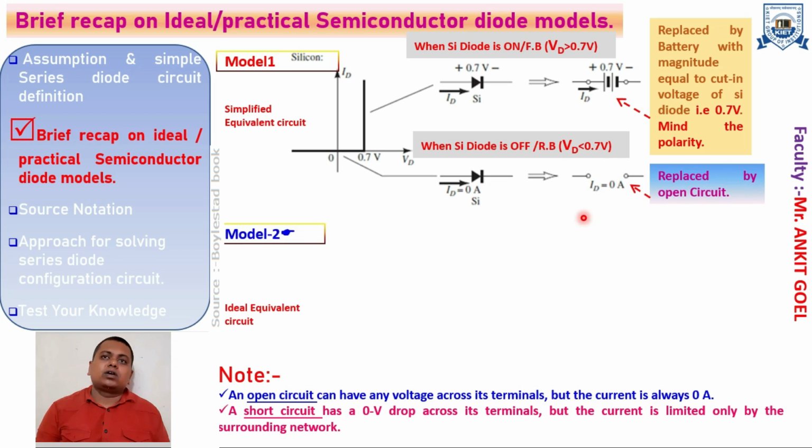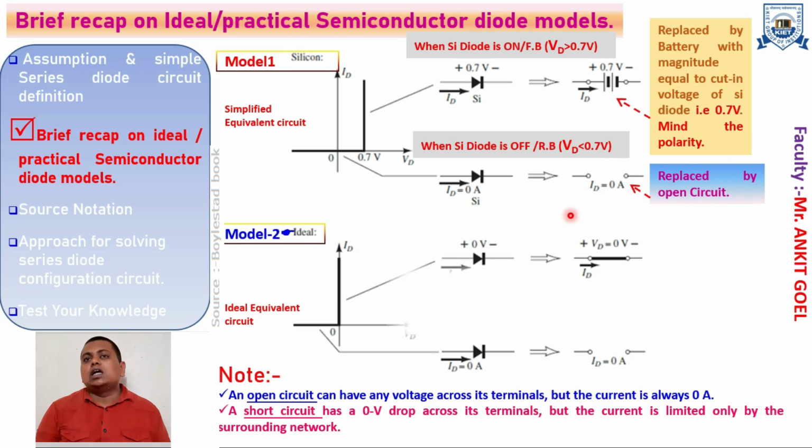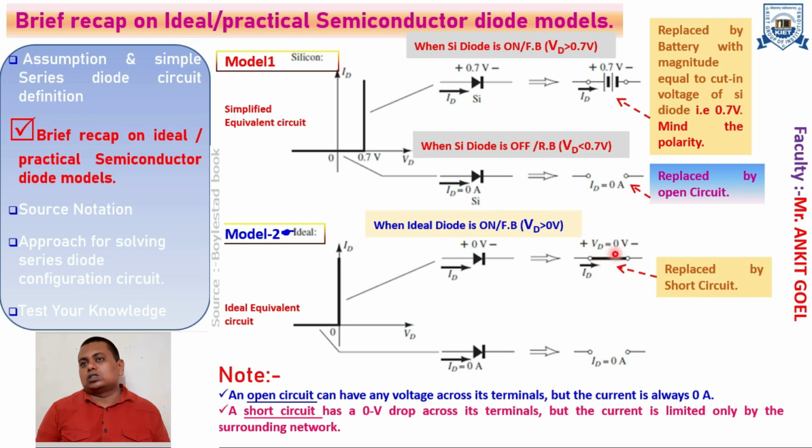Now we have another model that is called the ideal equivalent circuit. In this model we have the cut-in voltage as 0 volt. So if the voltage across the diode is more than 0 volt, or positive, then it is replaced by a short circuit.